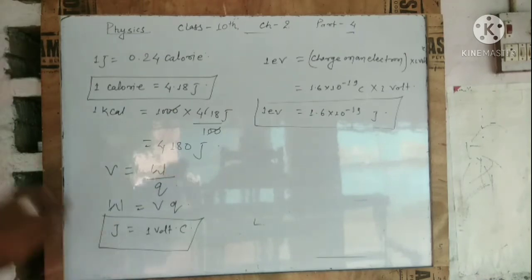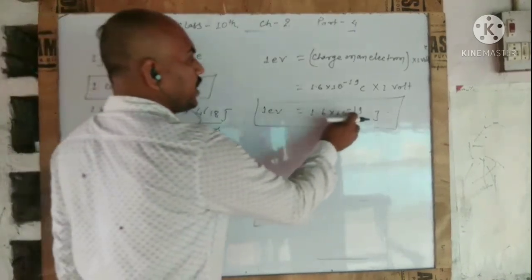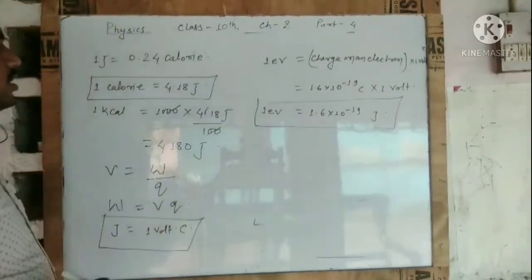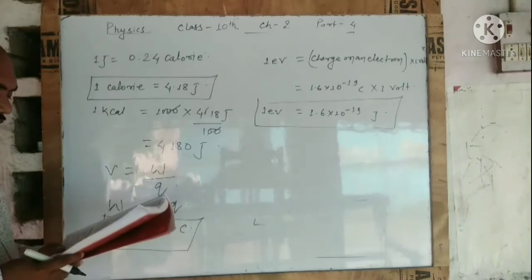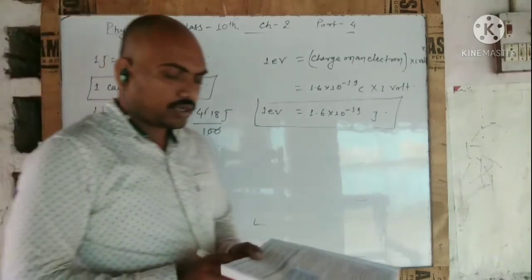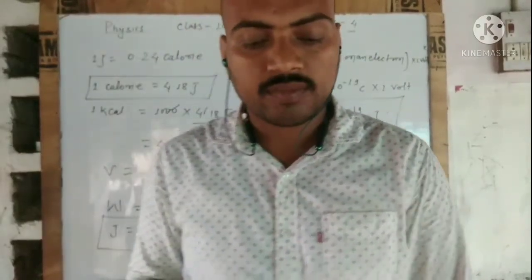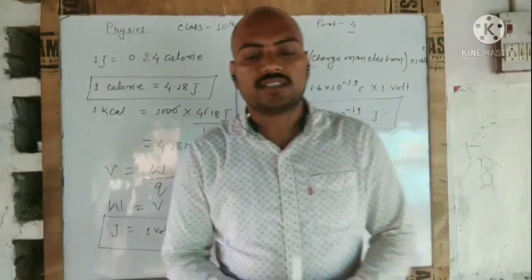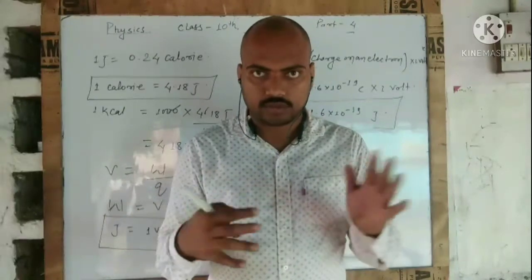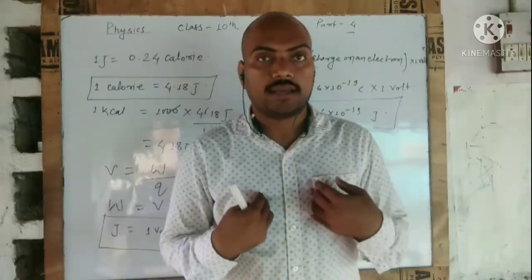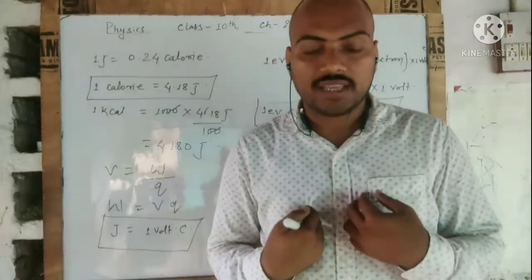It is a very small unit, as we know that 10 to the power minus 19 is very small. Now come to the point, what is the difference between energy and power? Energy of a body is its capacity to do work. Whatever my capacity to do work, that is my energy.